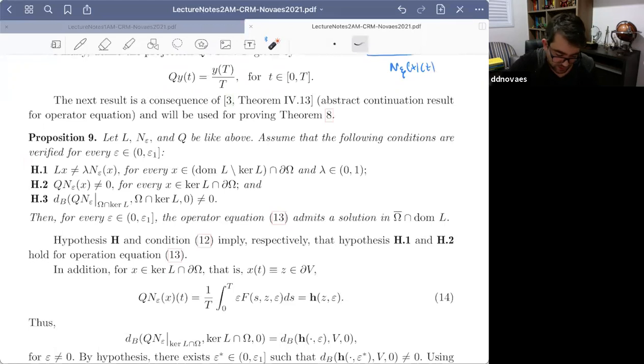Okay, second hypothesis: Q N epsilon x is distinct from 0 for every x in the kernel of L intersected with the boundary of omega.